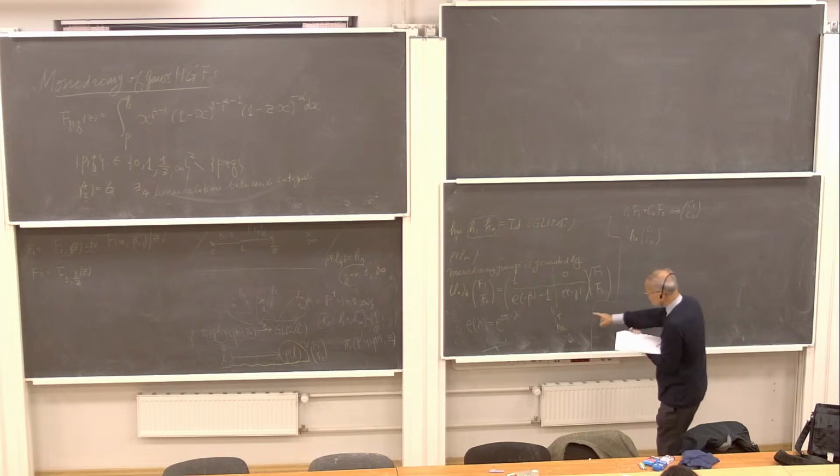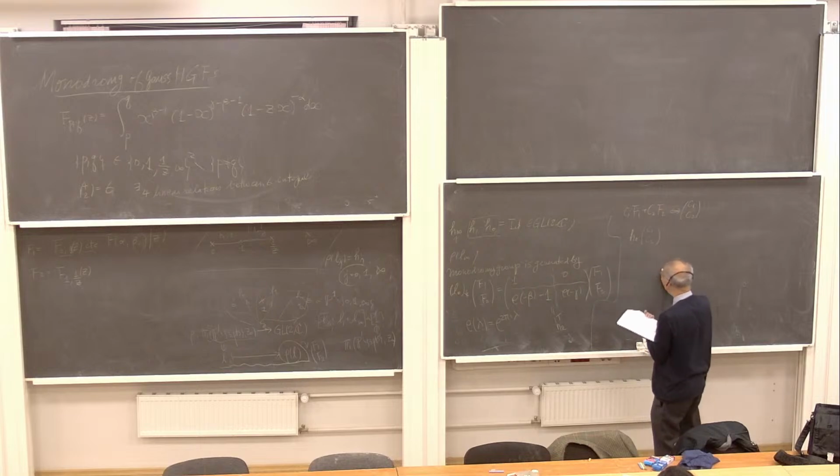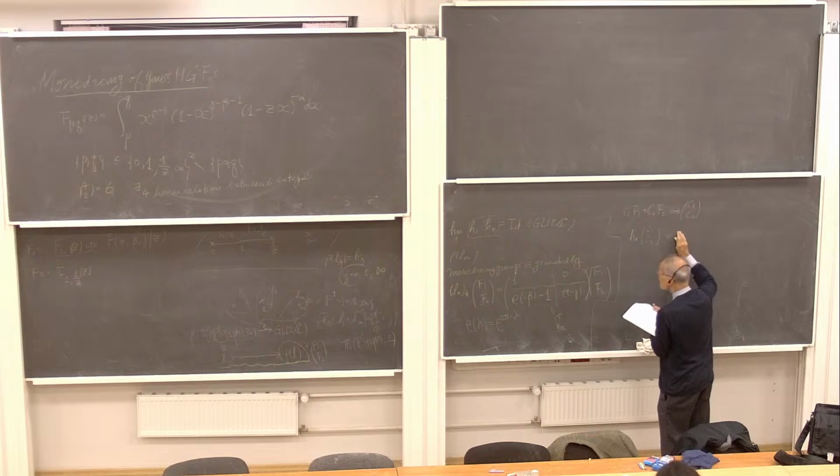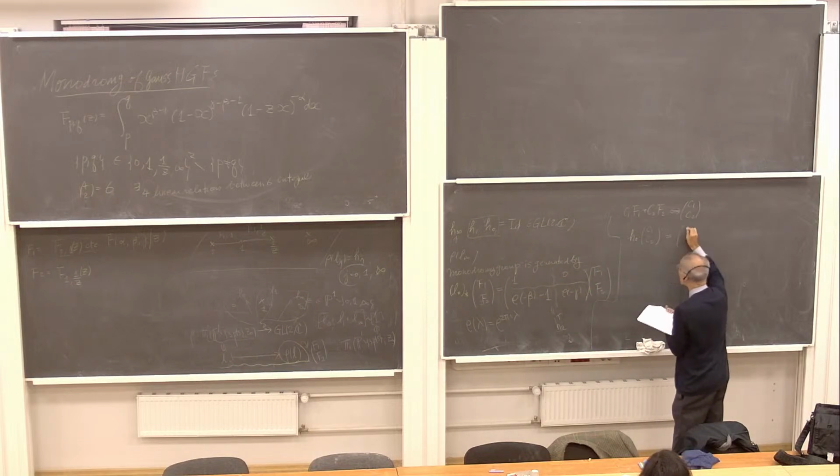If you write down anew this expression in terms of C1, C2, then the monodromy will be the transpose of this matrix, that is, say, 1, 0.